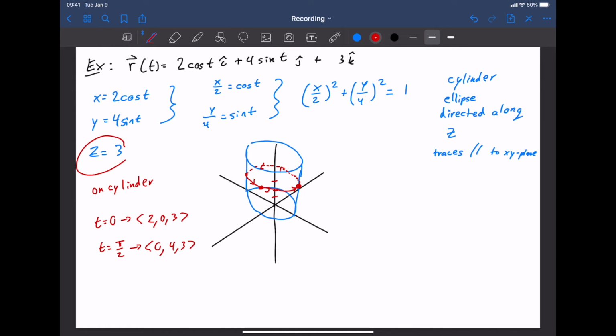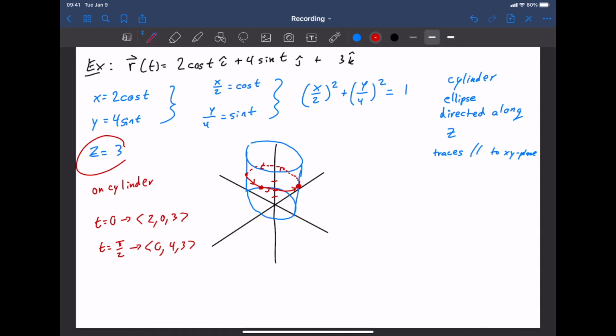I hope that's clear. So again, it's not the cylinder, it's the path on the cylinder. So it's like a bug walking along the cylinder in that horizontal direction. Again, horizontal depends on the orientation here. But if we're facing the z-axis, it's walking parallel to our eye level, so to speak. Okay?